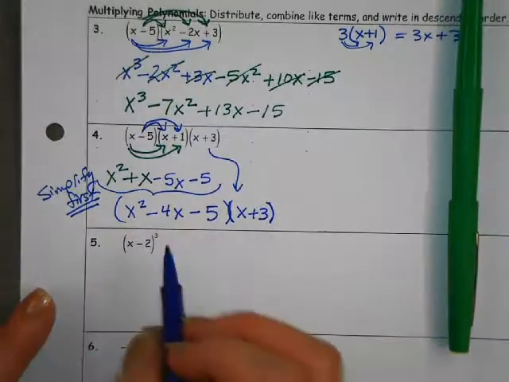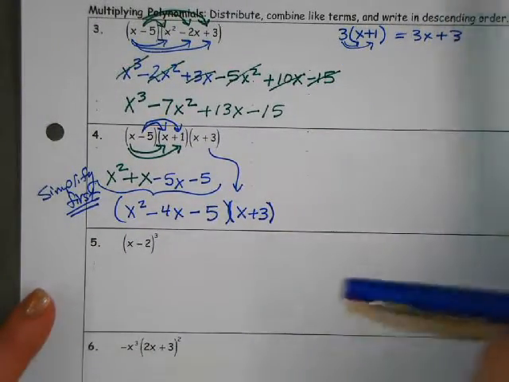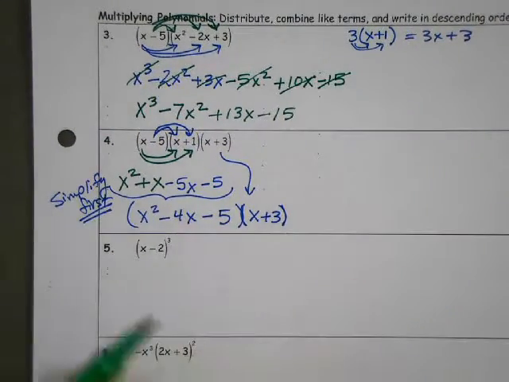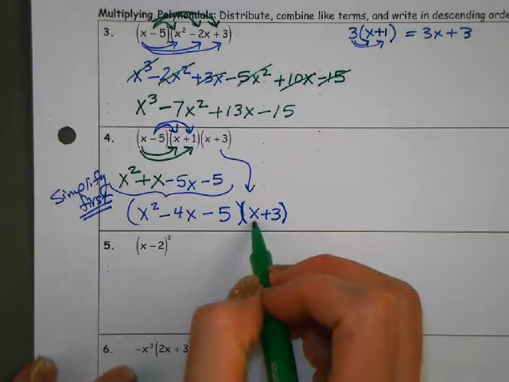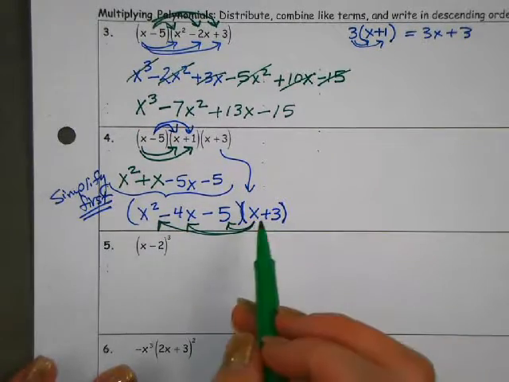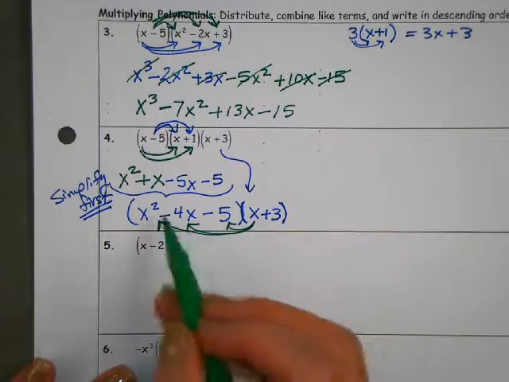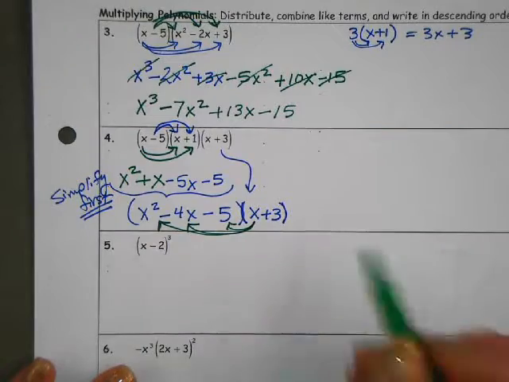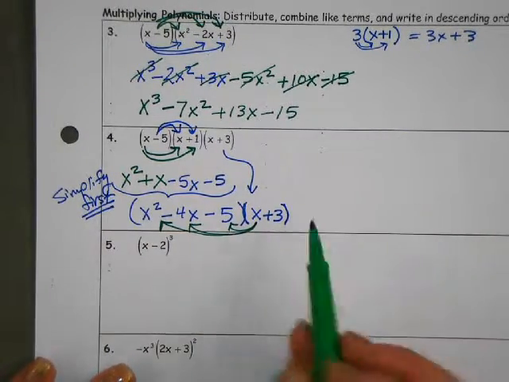Okay? And then multiply again. So then I'm going to take my x and I'll multiply it to each one of these. Okay? So x times, it doesn't matter which order you do it in. I like doing the 2 to the 3 versus 3 to the 2 because I just think it's less work.